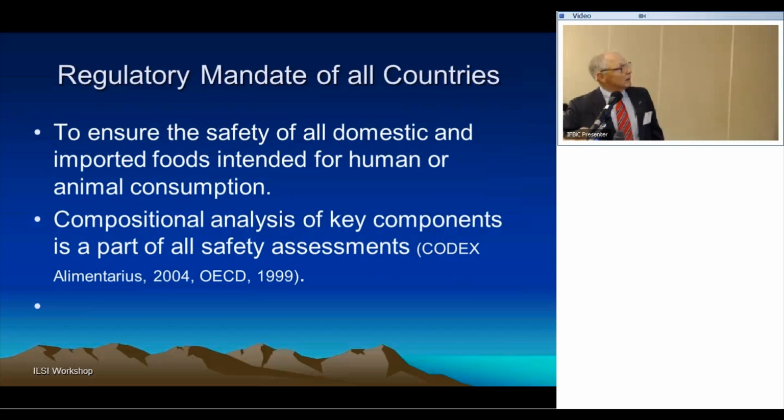Okay, the regulatory mandate of all countries is to ensure the safety of all domestic and imported foods intended for human or animal consumption. Composition analysis of key components is a part of safety assessments. That comes from Codex and OECD documents.